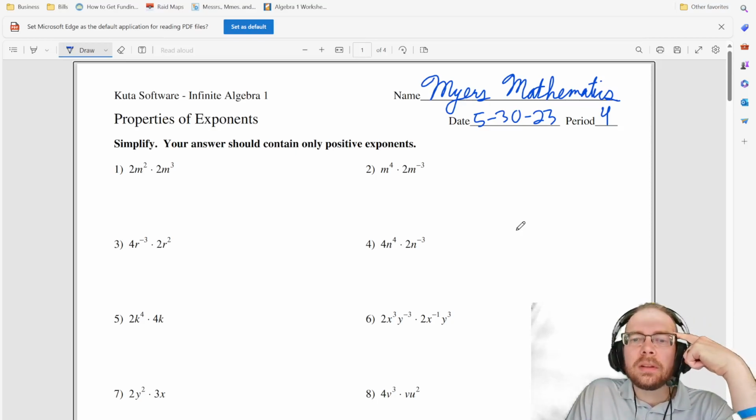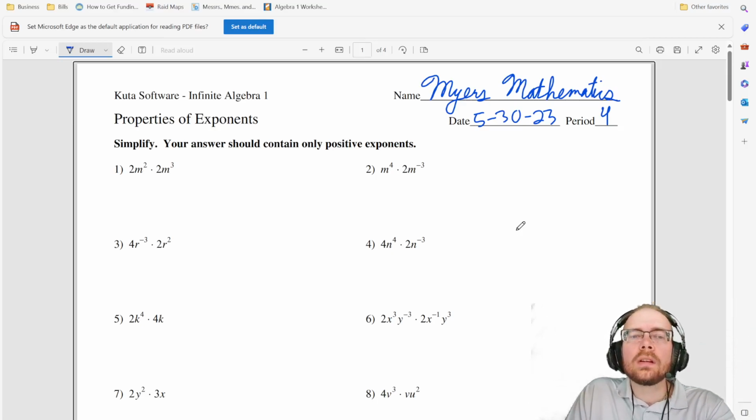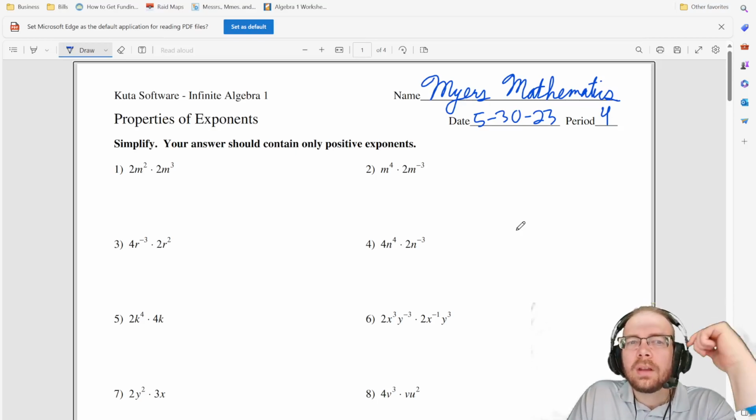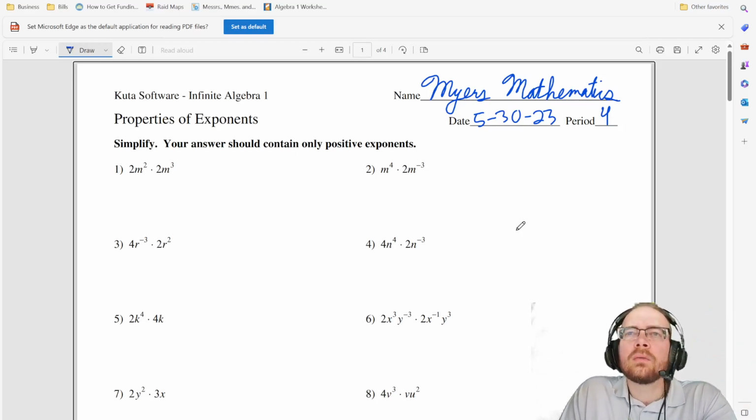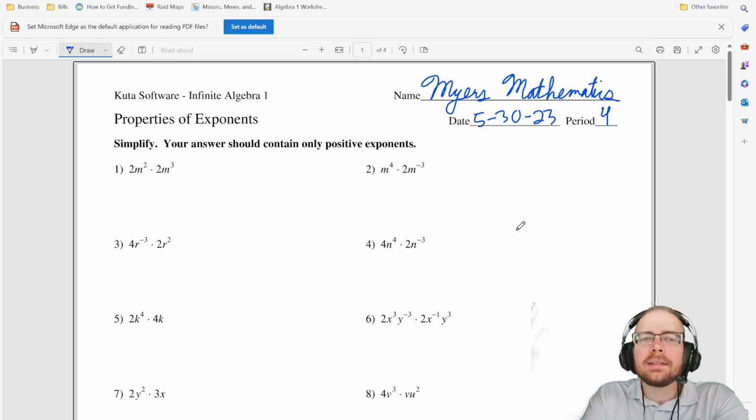But as we're looking through, we're going to combine the big numbers separately from the little numbers. So the regular numbers being multiplied by the letters, and then the little numbers, which are the exponents. We treat them a little differently, and we do different things depending on which class of number we're dealing with. So let's go ahead and dive in with number 1.